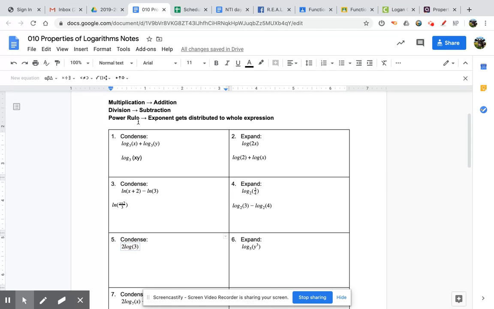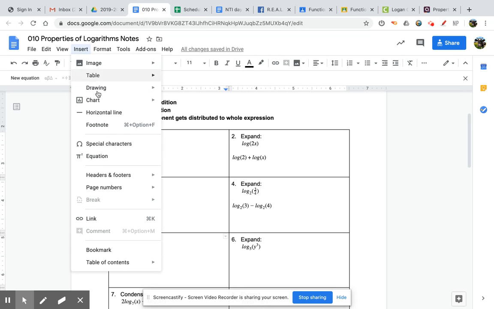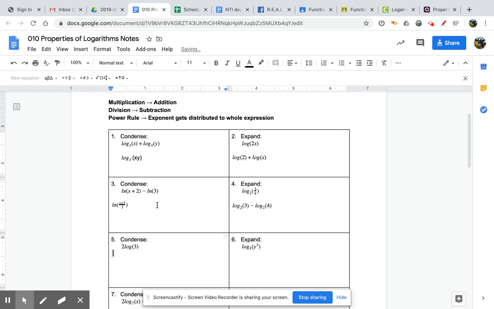Well, according to the power rule, it's an exponent that gets distributed to the whole expression, which means this 2 right here that's being distributed to the whole expression can be written as an exponent. So again, watch how I write this. It becomes log base, not just 3, so log of 3 squared. That 2 became an exponent. Well, what is 3 squared? It's just 9.